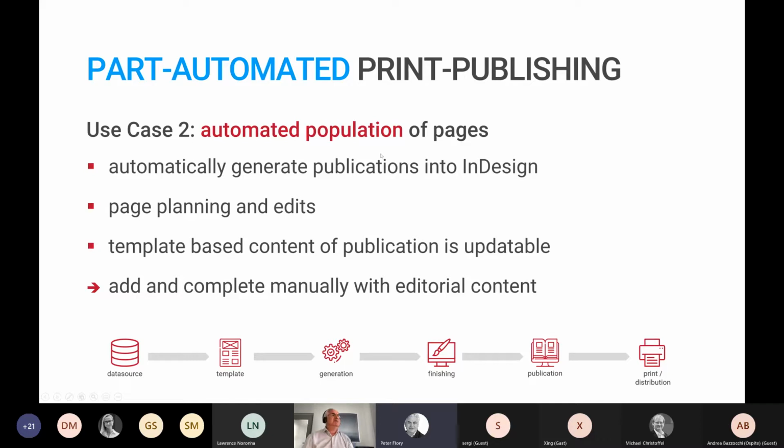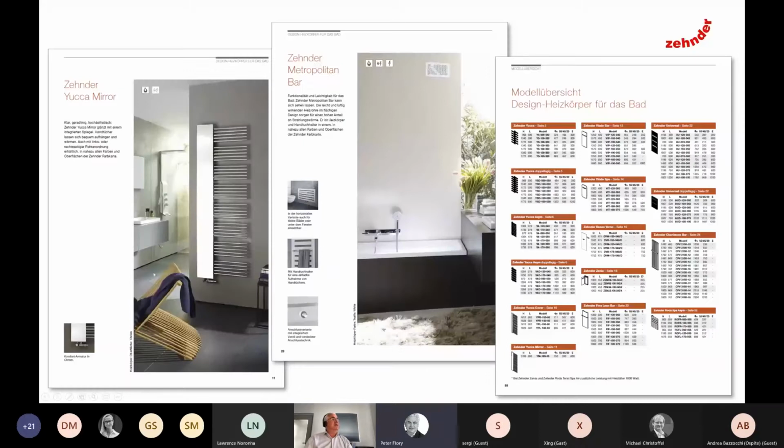Now, customers who use this kind of process and who've used the combination of creative and automated content are, for instance, Sender. They do some lovely publications where they have some editorial content, some large images, some general information on products before they turn to the automated content in terms of tables, providing lots of details to the products.